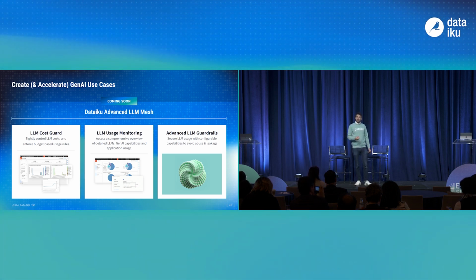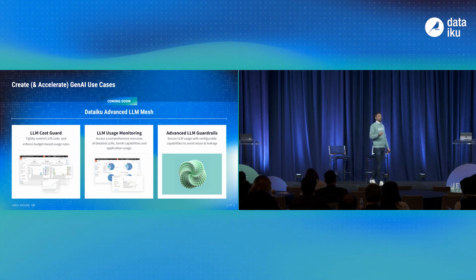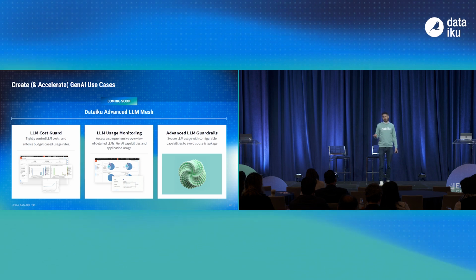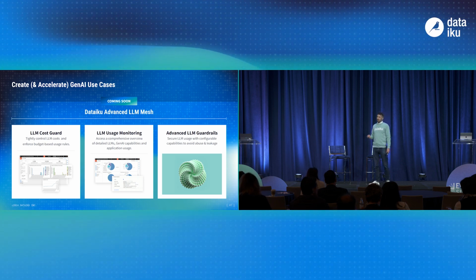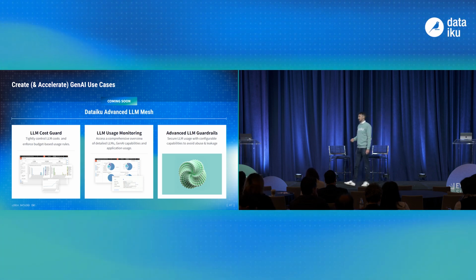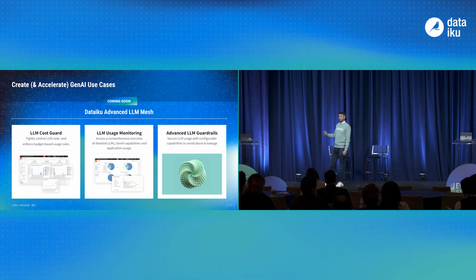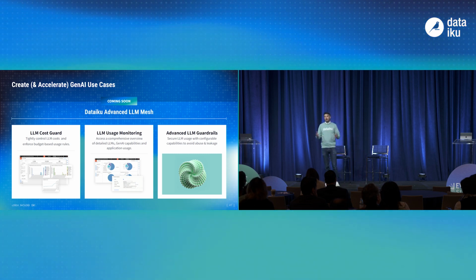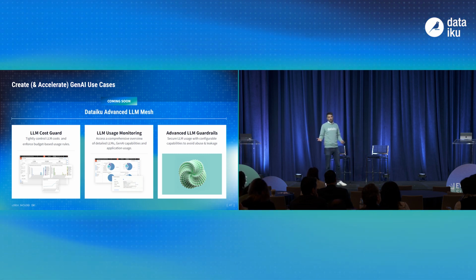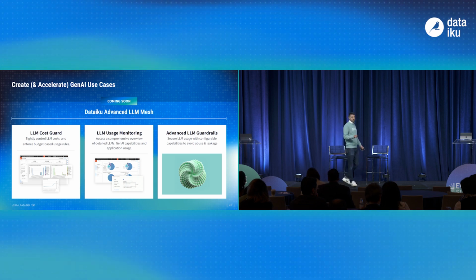Obviously, LLMs come in a wide variety of flavors and prices, and keeping track of exactly who's burning down those credits is very important. By having it in Dataiku instead of tracking it, let's say, in AWS or Azure or GCP, as you have a proliferation of different LLMs inside your organization, you have one place to go to keep track of the cost.